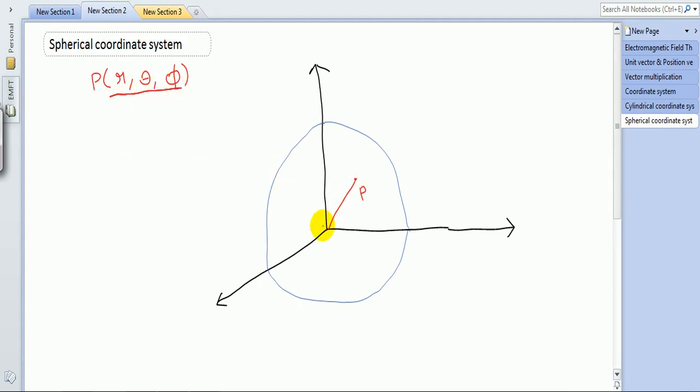So what is r? r is the distance from origin O to P. So basically we can also say that r is the radius of the sphere, the distance from the origin.